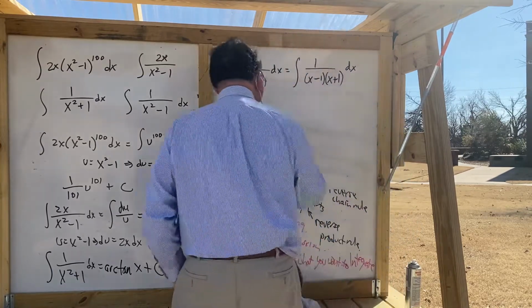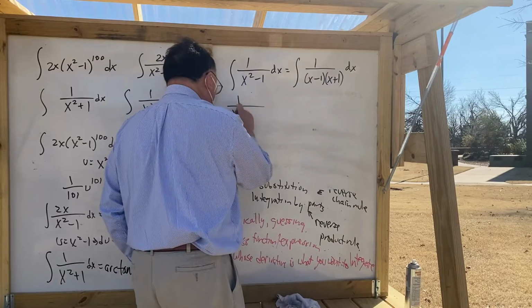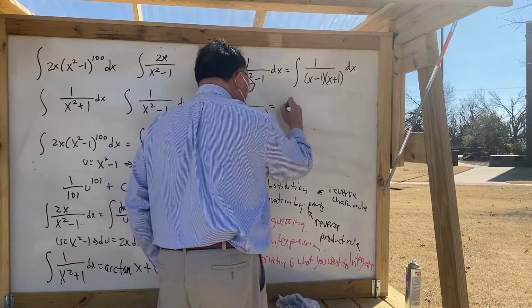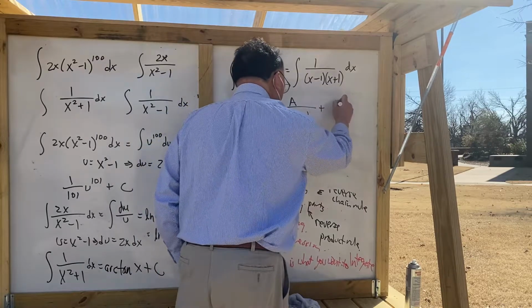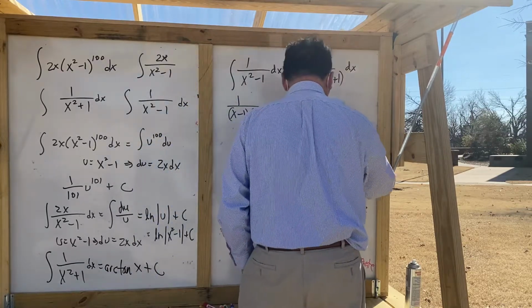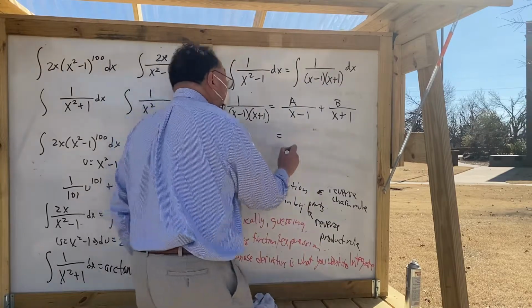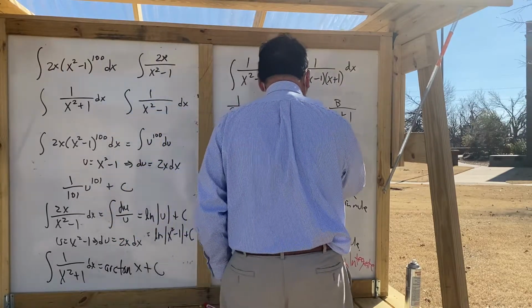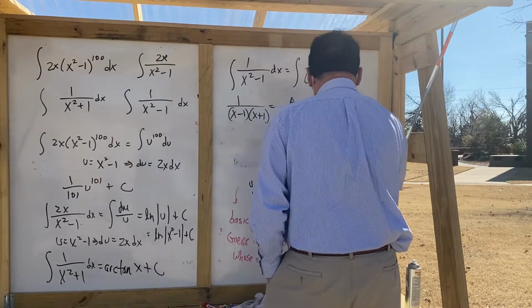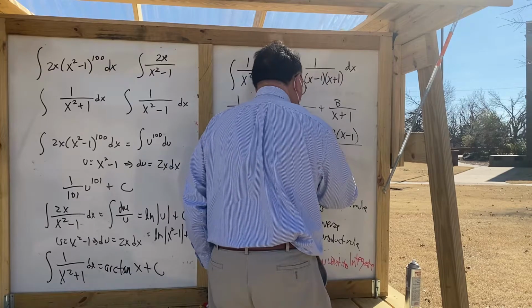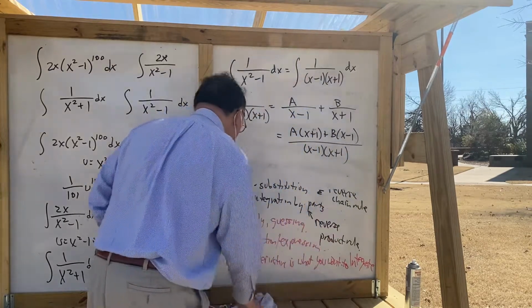I'm going to take 1 over x minus 1 times x plus 1 and express it as a over x minus 1 plus b over x plus 1. Now it's algebra. I write that as a times x plus 1 plus b times x minus 1, all over x minus 1 times x plus 1.